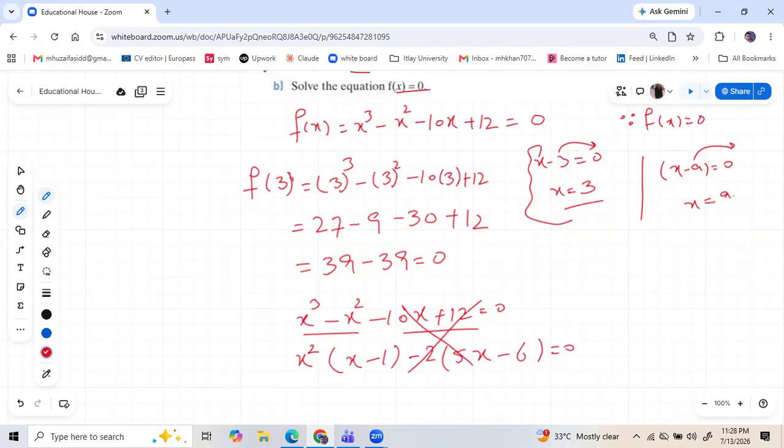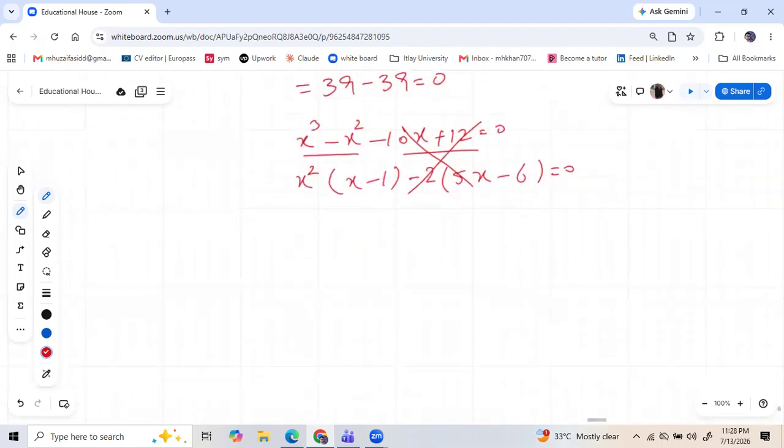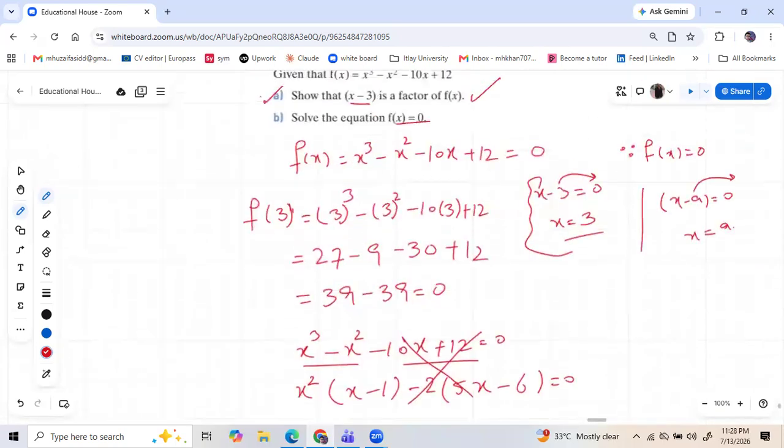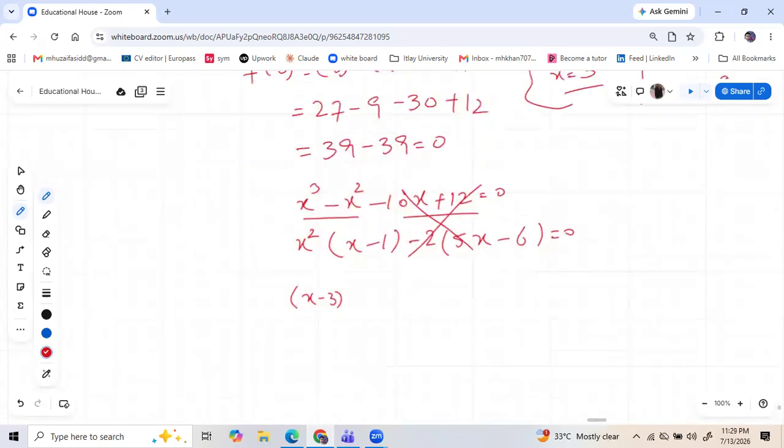Okay. Here I'm linking it with the previous example. In our previous sessions, I'm writing one step for your understanding: x minus 3, which is already given in our question, is multiplied by x square plus 2 of x minus 4.